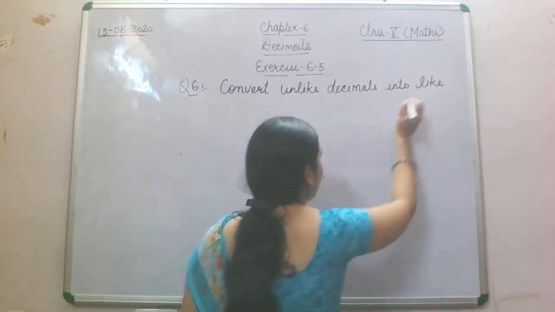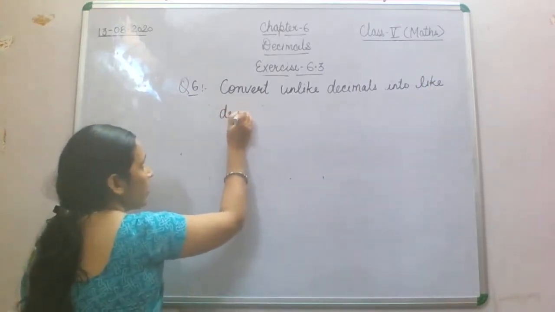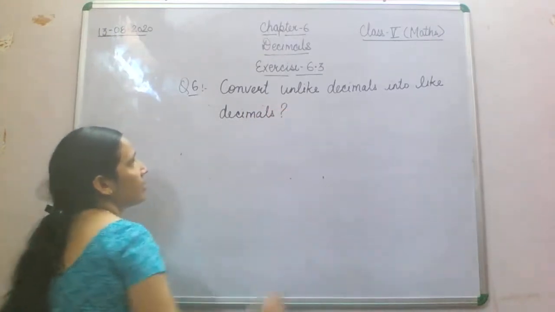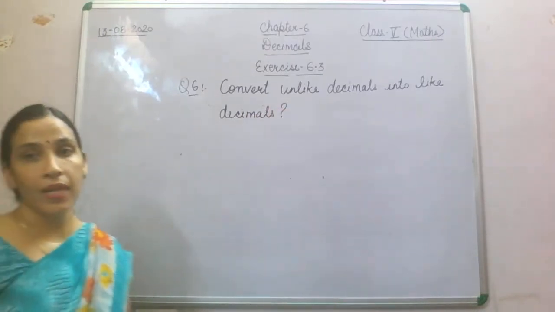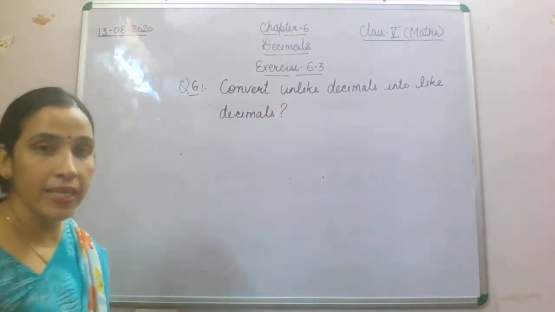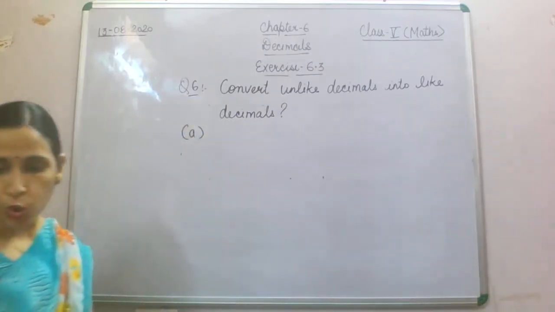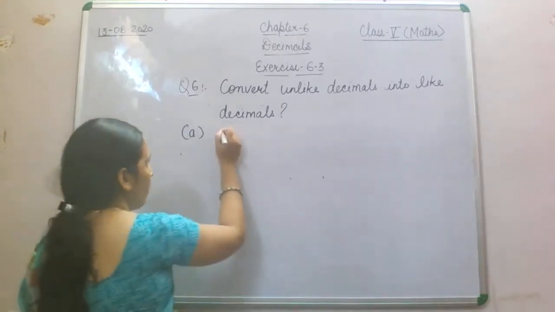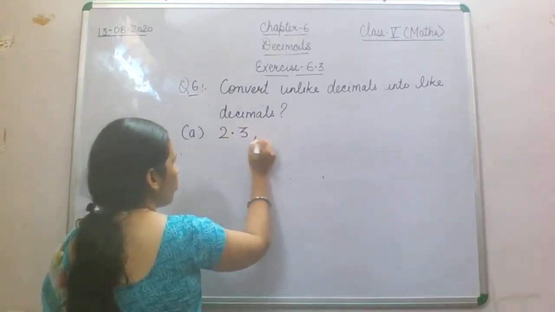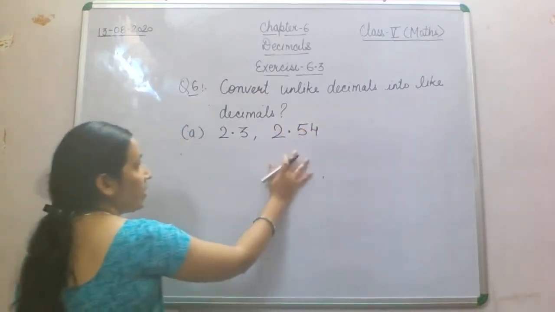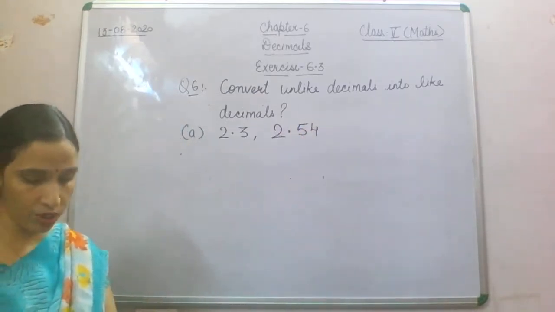This is your question, question number 6, that convert unlike decimals into like decimals. Now we'll take it part wise. A part is 2.3. Now a pair of two numbers will be given, 2.3 and 2.54. Now this pair is of unlike decimals.